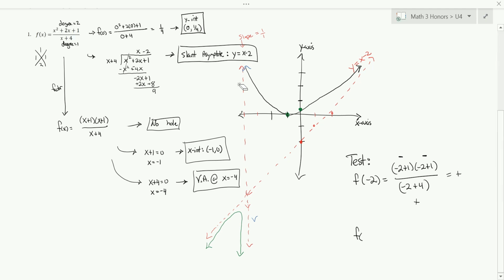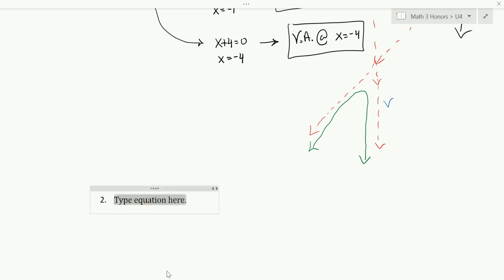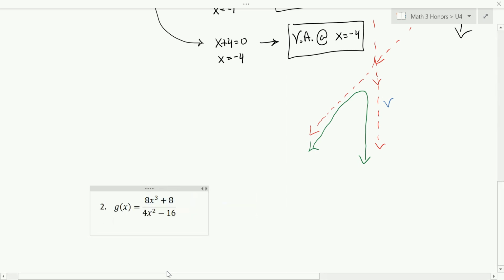Another one. All right, so here's the next one.